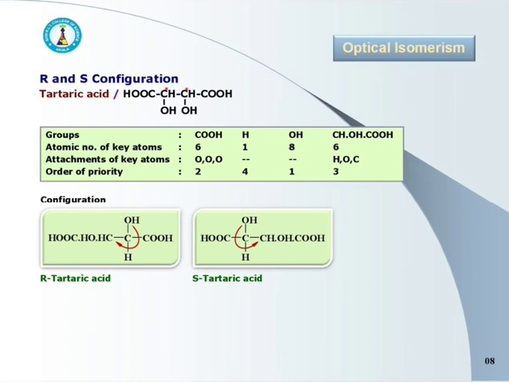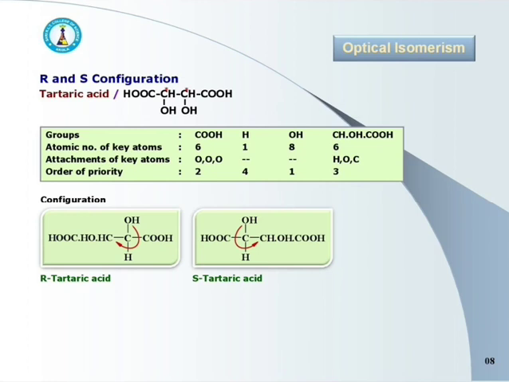Here the key atoms for these groups are, for COOH it is carbon, then hydrogen. For the OH group the key atom is oxygen, and for the last group, that is CHOH, COOH, again the key atom is carbon. Atomic numbers of the key atoms are, for carbon 6, for hydrogen 1, for oxygen 8, and again for carbon 6.